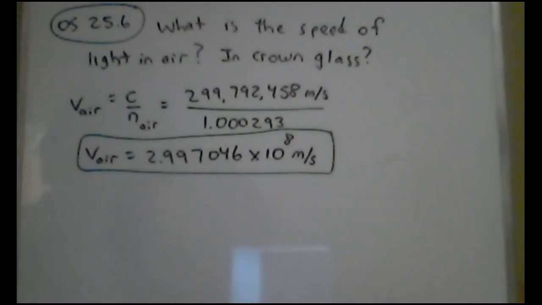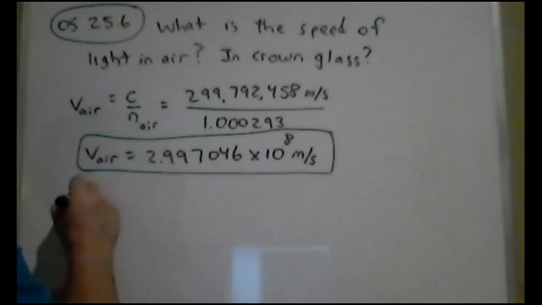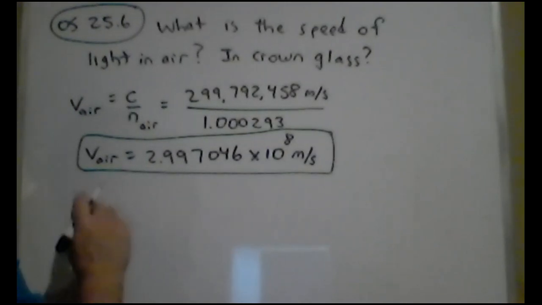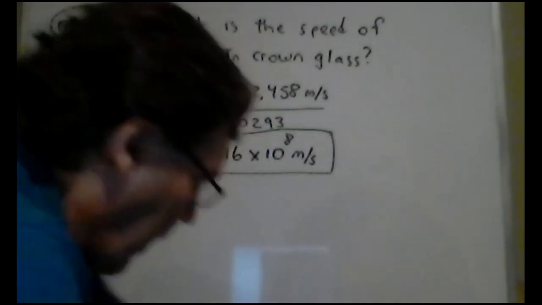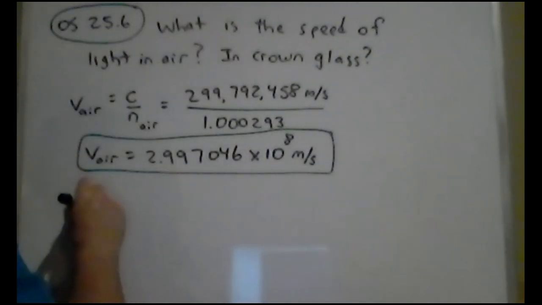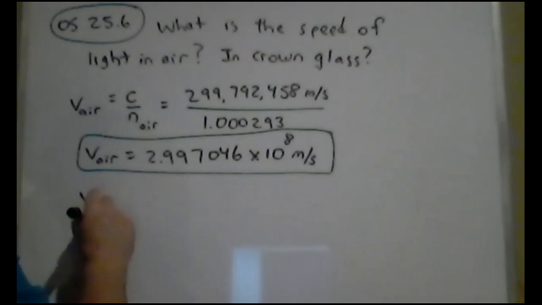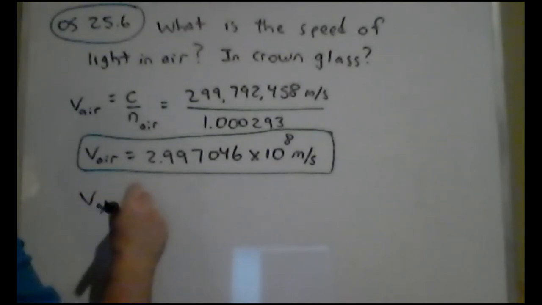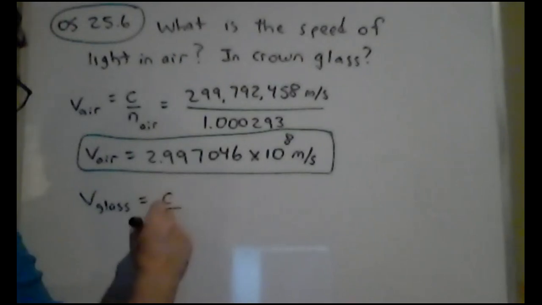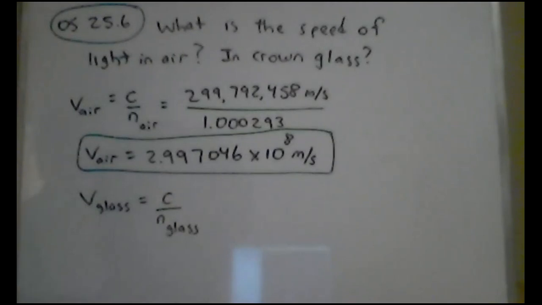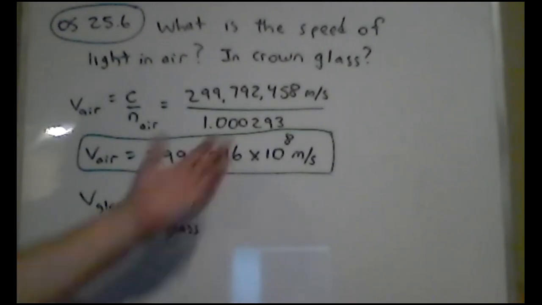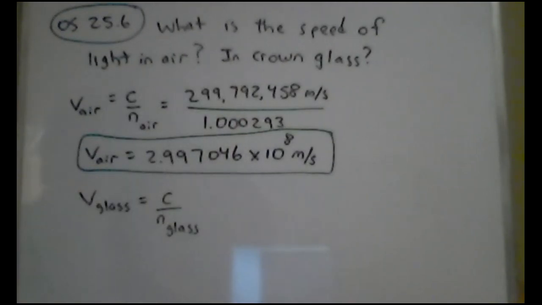Crown glass, on the other hand, well, we'll find out the speed in glass, V glass. Again, speed of light in a vacuum divided by N glass. Again, these are all numbers you have to look up. There's that table I showed you. You look up the index of refraction of air, and you look up the index of refraction of crown glass.